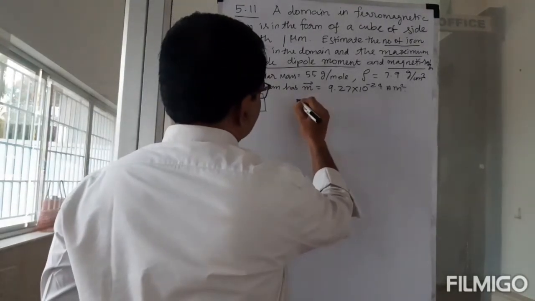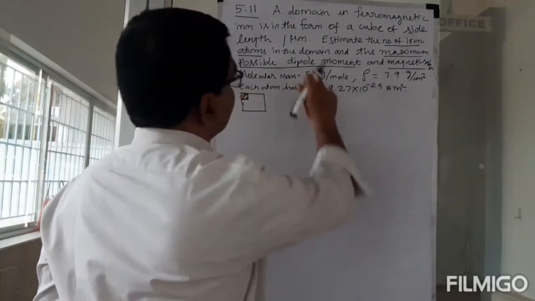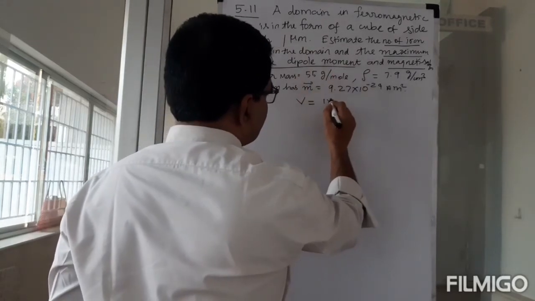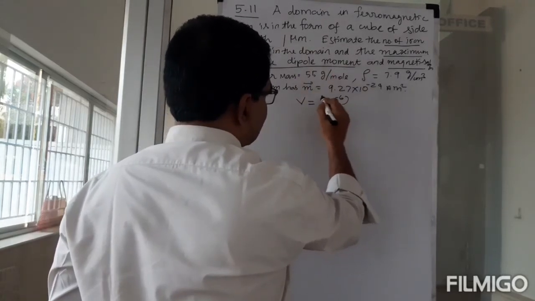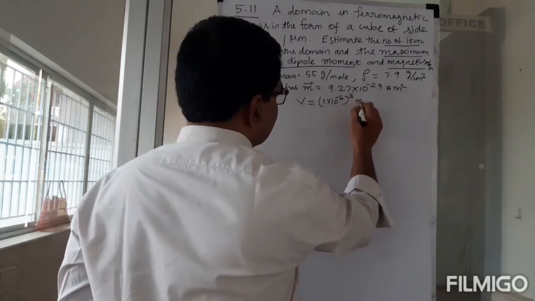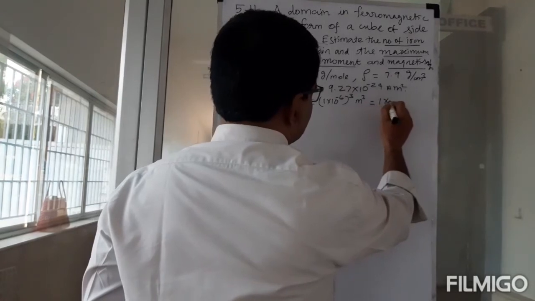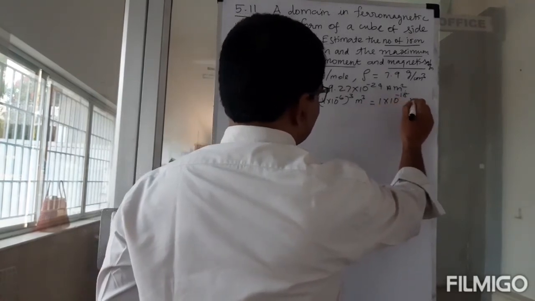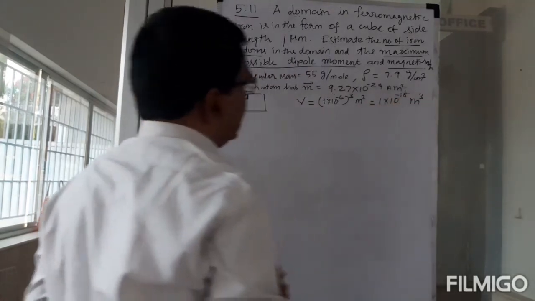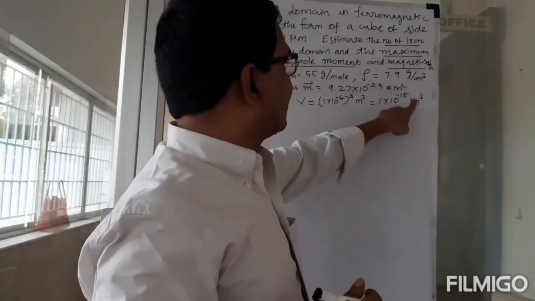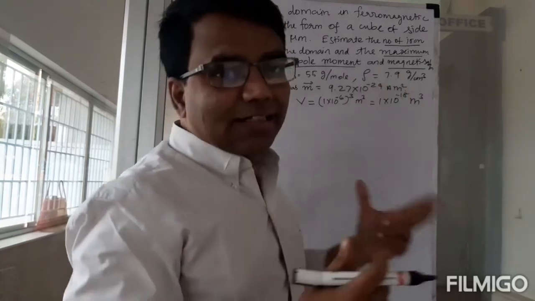So the volume is equal to 1 micrometer whole cube, 1 into 10 power minus 6 the whole cube. So that is meter cube, equal to 1 into 10 power minus 18 meter cube. But rather than using meter cube, if I have this in centimeter cube, then I can get the mass in grams quickly.